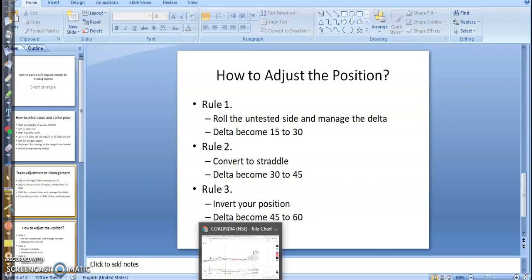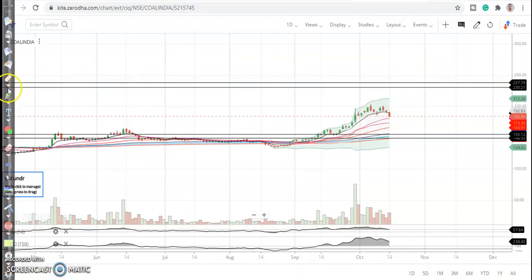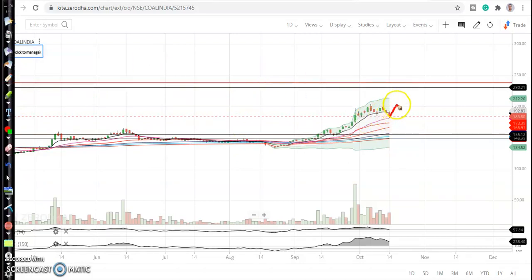Suppose price goes up toward the upside to this level, now it becomes 30 delta. First we adjust, again price goes up, it becomes 45 call delta, so we convert to straddle, and again price goes up to 60 delta.